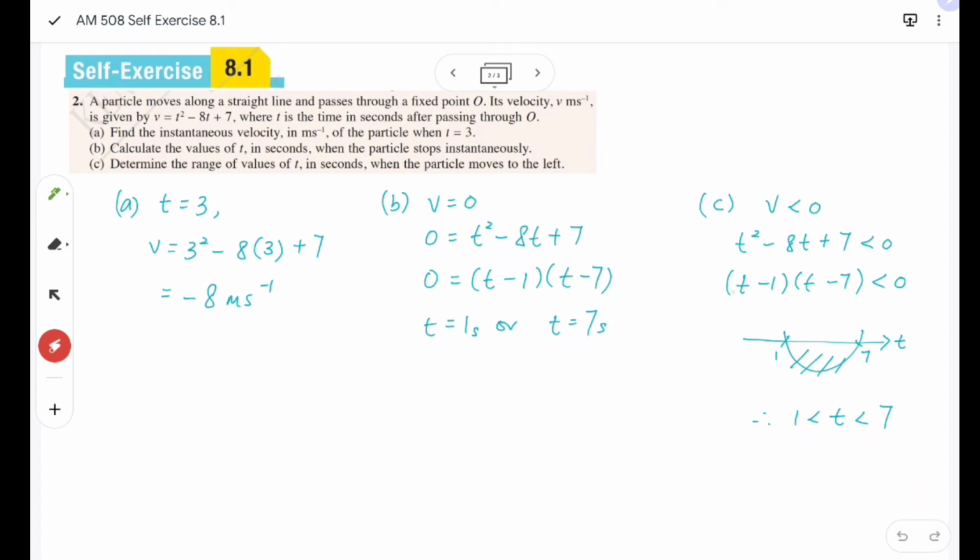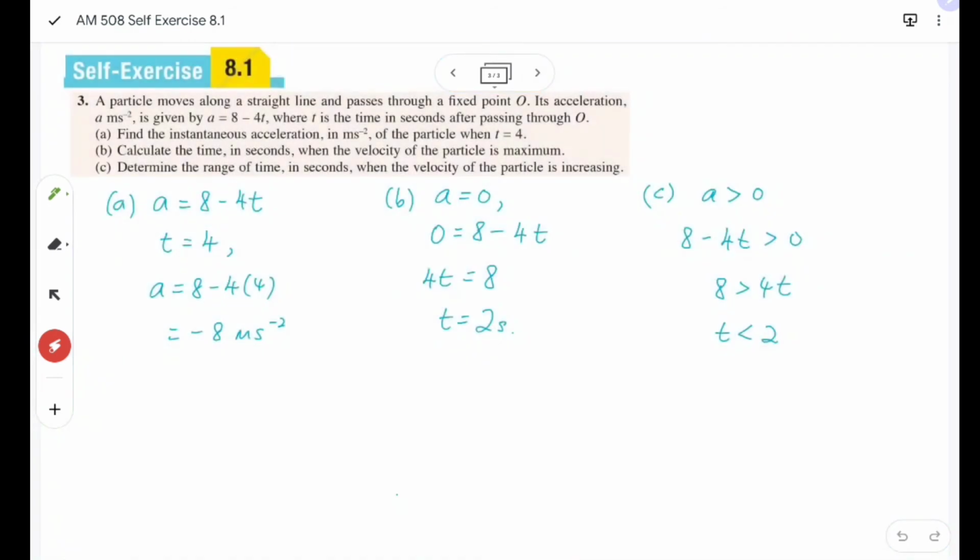Factorize into t minus 1, t minus 7 less than 0. There we get t equals 1 and t equals 7 on the t-axis. And with the quadratic function, we want lower than the t-axis. Therefore, t is between 1 and 7.